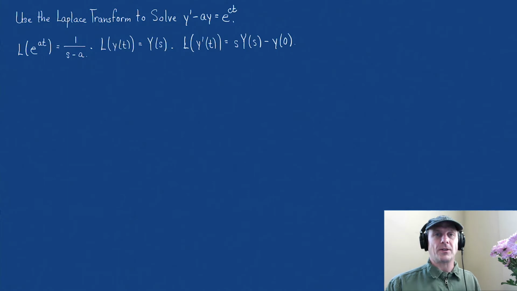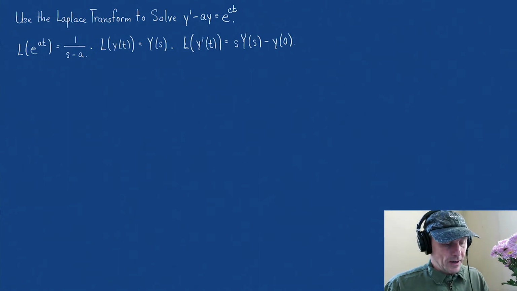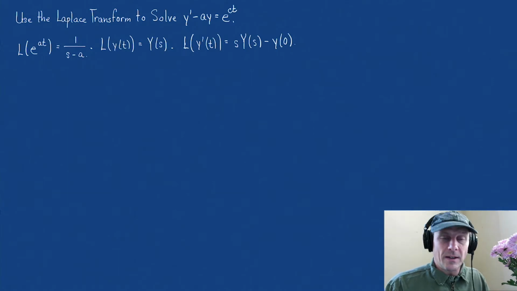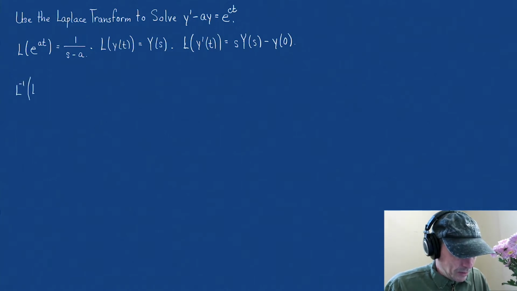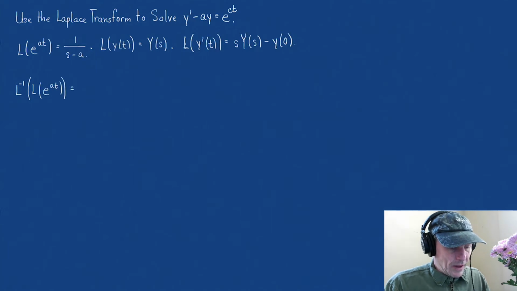our initial condition. Now I'd like to bring in another concept, and that is the idea of the inverse Laplace transform. So the inverse undoes what you have done. If I took the inverse Laplace of the Laplace transform of e to the at, that would just undo this. In other words, I would get e to the at.